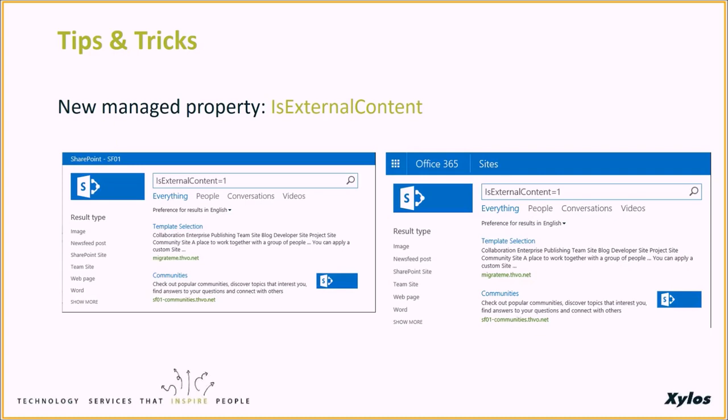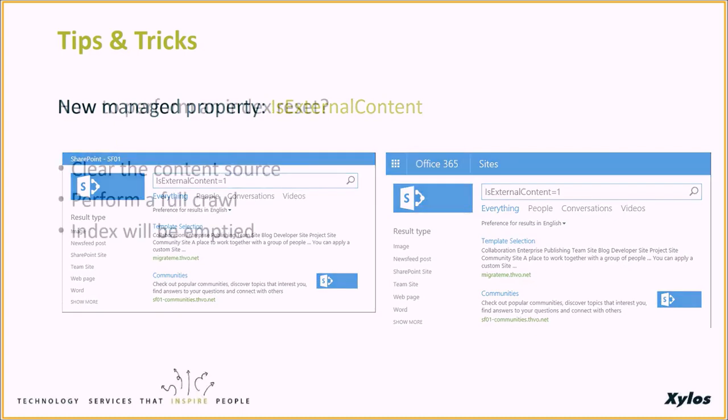So if you use this query on premises or online, you will always get the on-premises content. If you use isExternalContent equals 1 or true, then you will only get your SharePoint Online search results returned. That can be very handy to make, for example, a new search vertical, so that you have a search vertical for your on-premises content, for example.